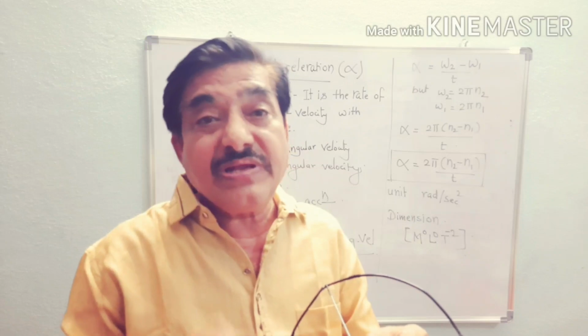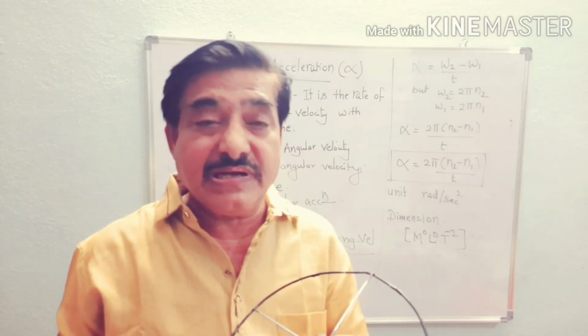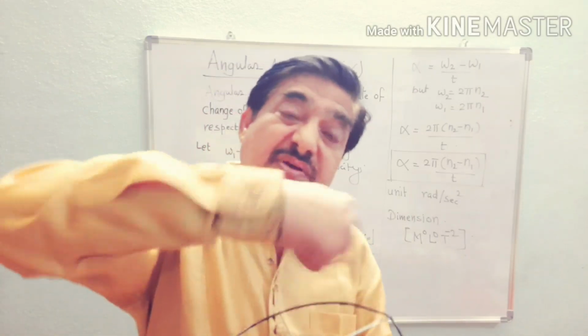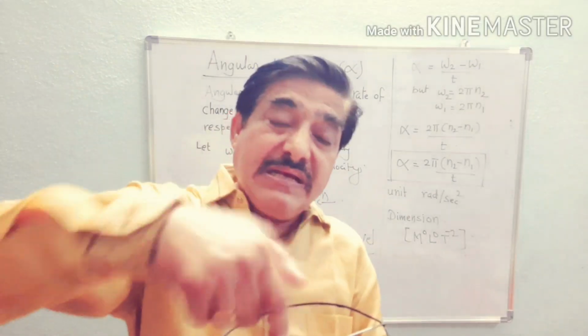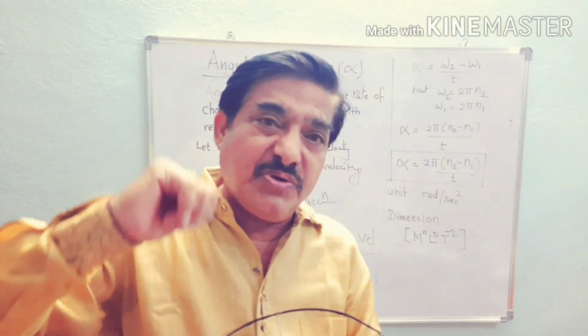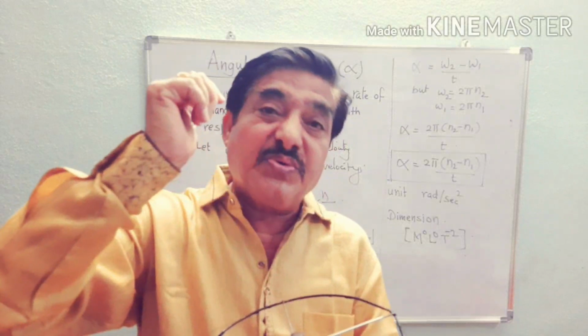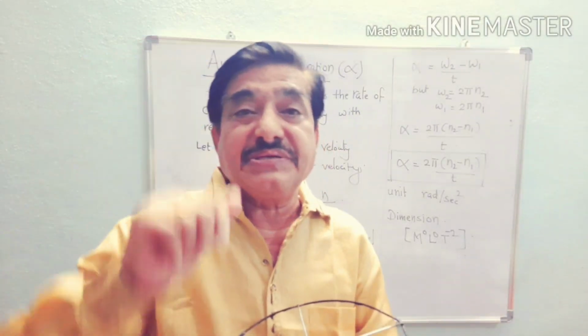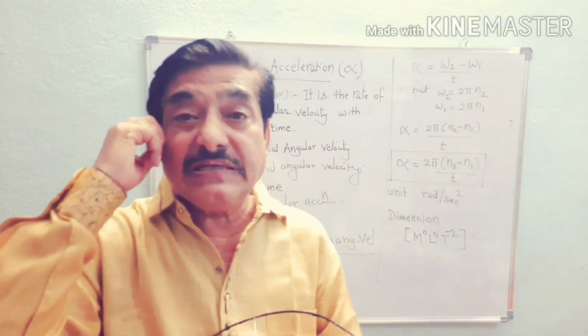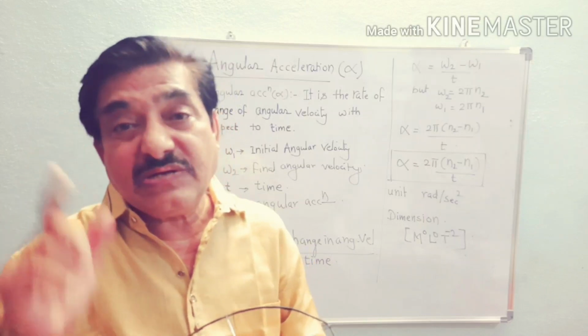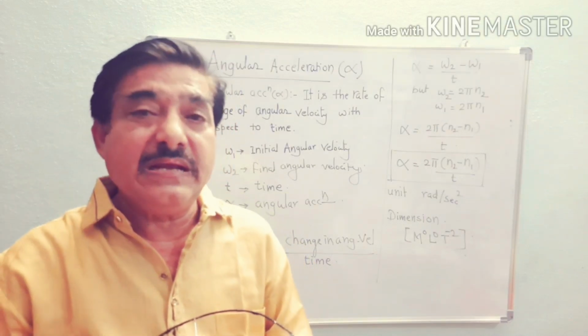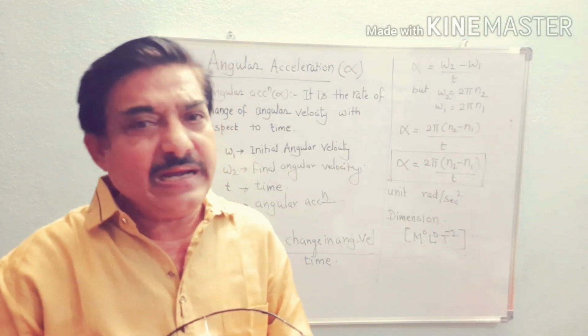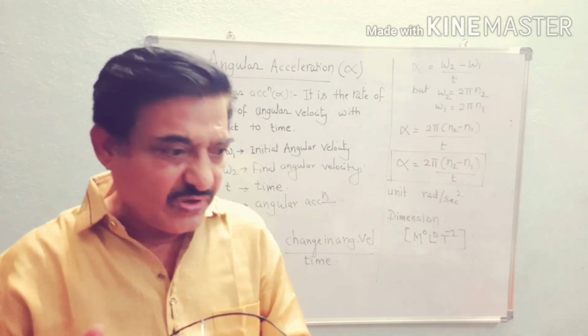For angular acceleration, if the speed of rotation increases, alpha is taken as positive, and if the speed of rotation decreases, then it is taken as negative, whether that body is revolving in a clockwise direction or in an anti-clockwise direction.